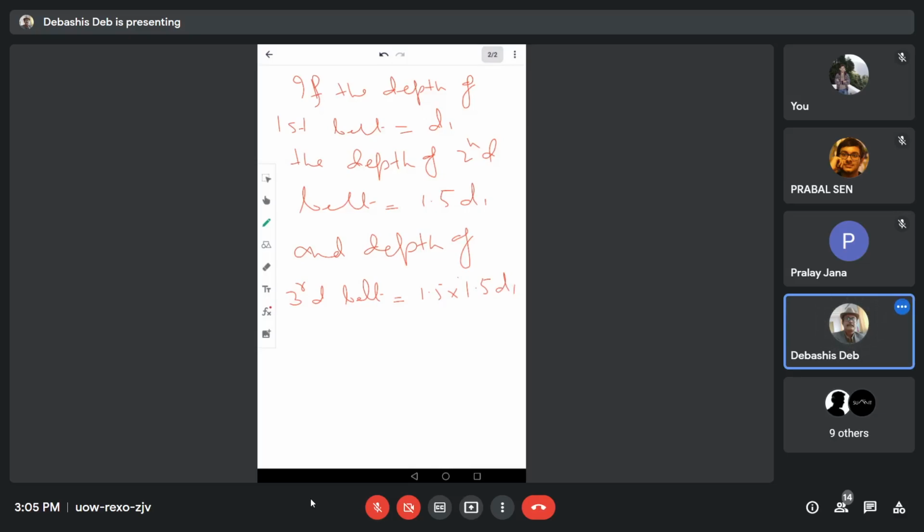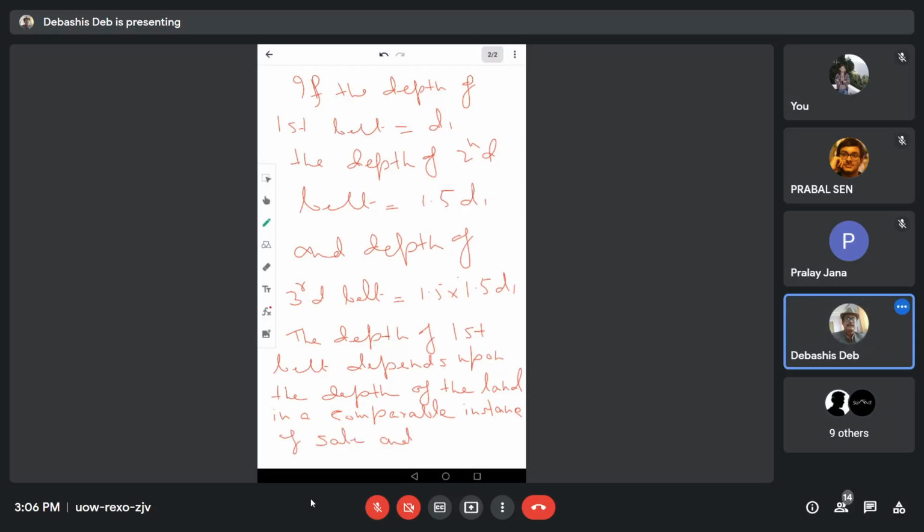Now, it should be mentioned that the depth of the first belt, it is important, depends upon the depth of the land in a comparable instance of sale and on demand.